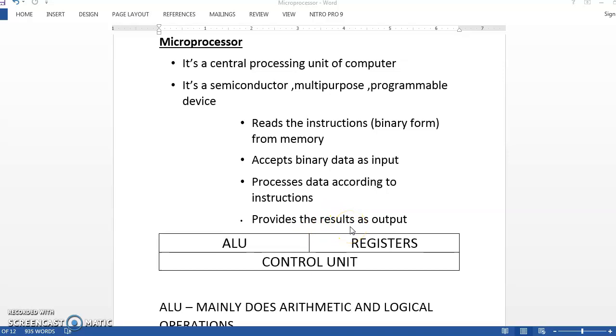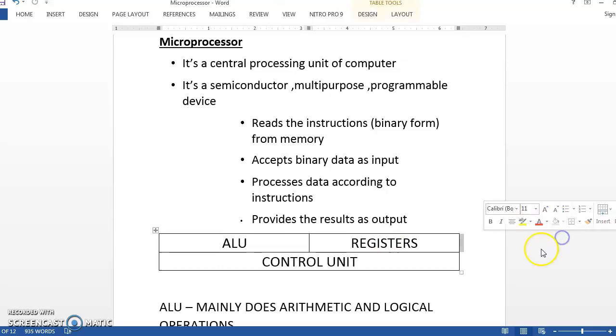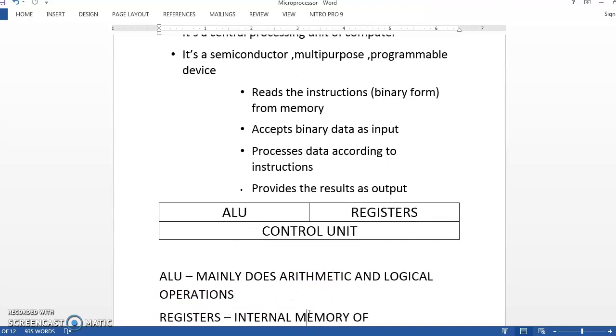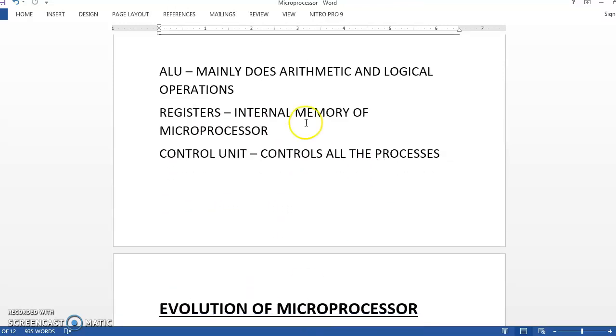Now, actually, the microprocessor has three parts inside it. The first part is nothing but the ALU, that is the arithmetic logical unit. The second part is your registers, and the third part is your control unit. Now, ALU means what? It is mainly used for the arithmetic and logical operations to be performed.